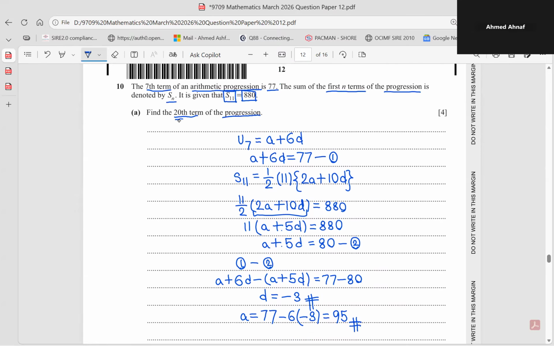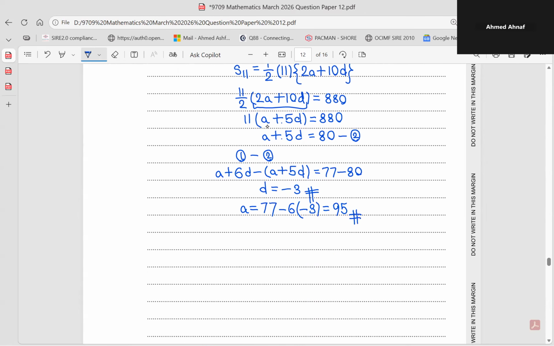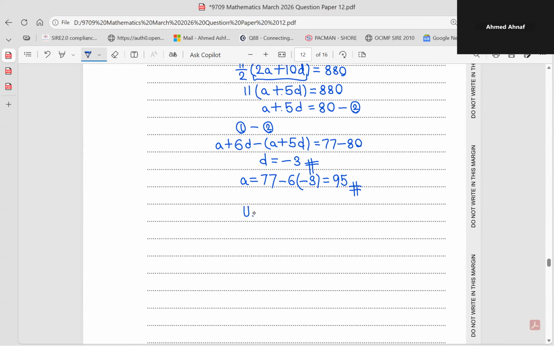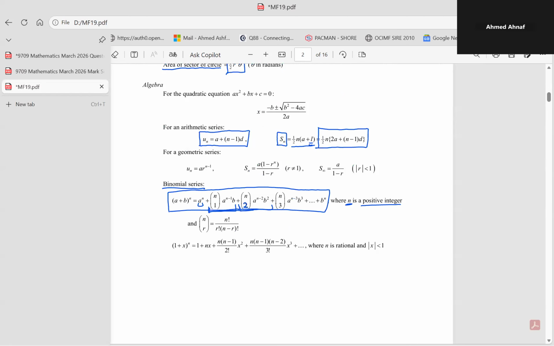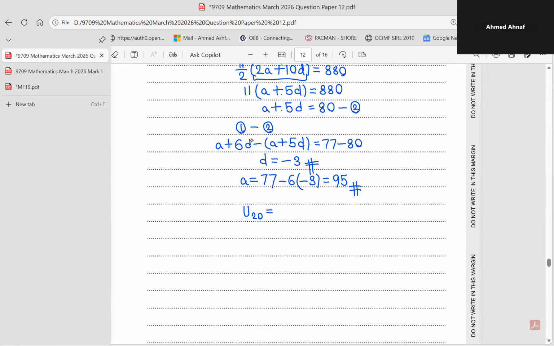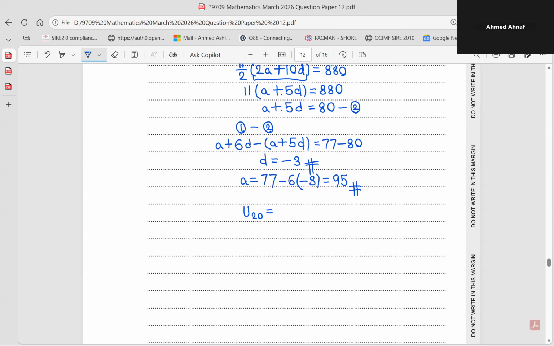Now we can find the 20th term of the progression by using the general term formula, which we used in our very first step. So u20 is equal to, again, a plus (n minus 1) times d. So a is 95, plus n minus 1. n is 20, then minus 1, that's 19, times d, which is negative 3.